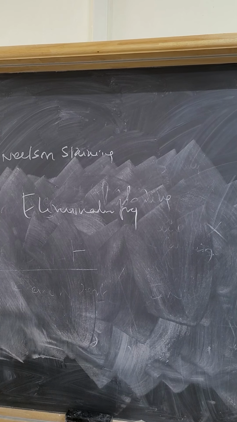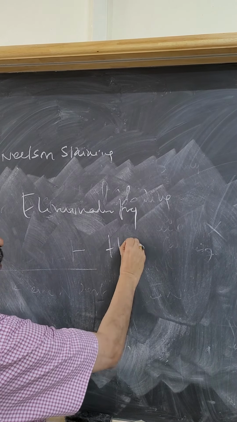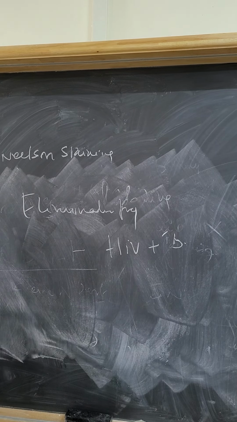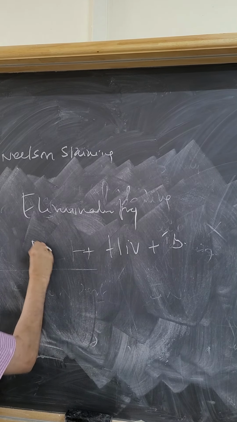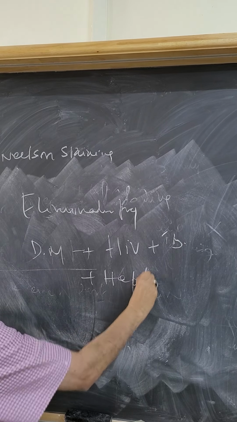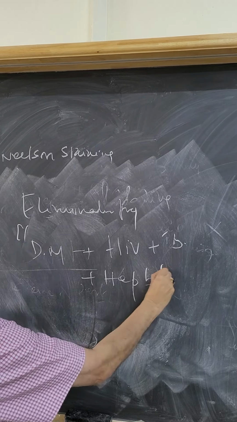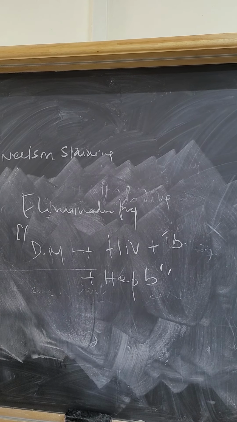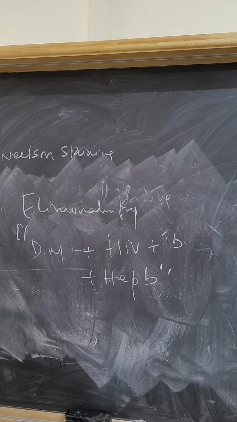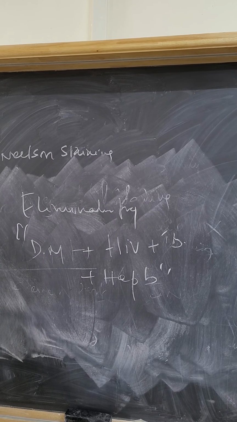Most of the HIV patients are infected with TB. In fact, you have diabetes mellitus also and hepatitis B also. We have to treat so many at one point of time. Instead of food, we have to go on giving tablets. So much burden is there.